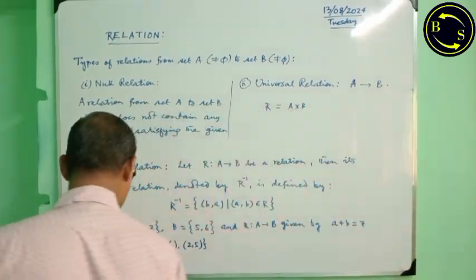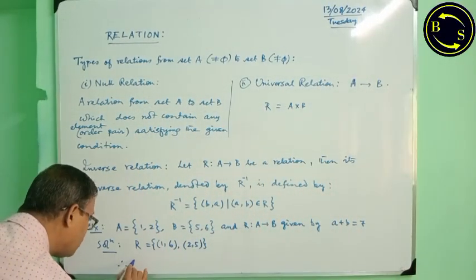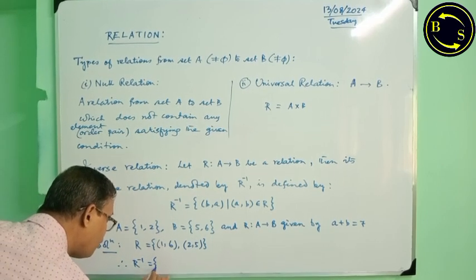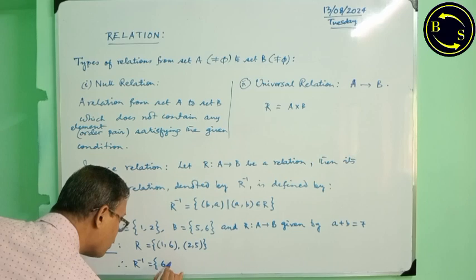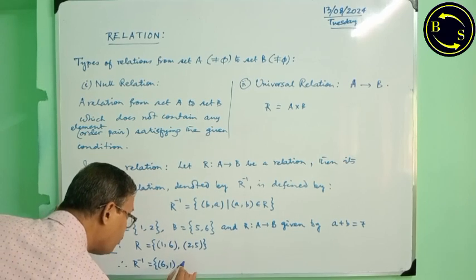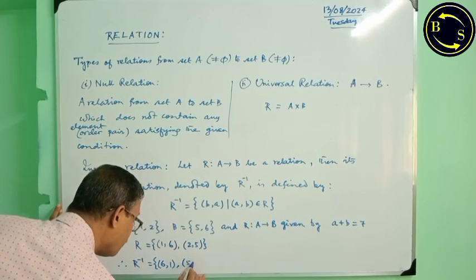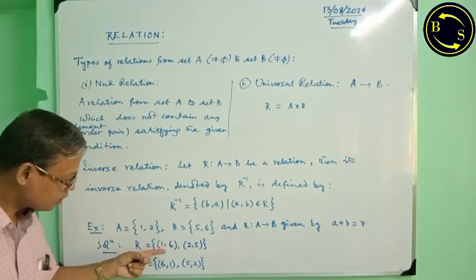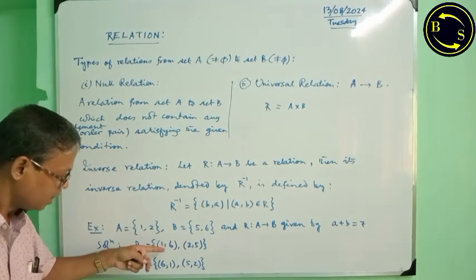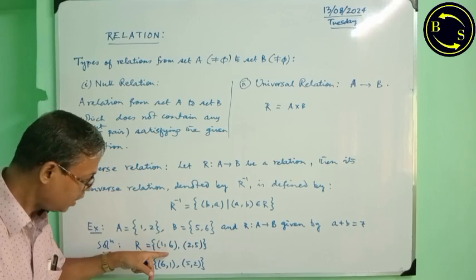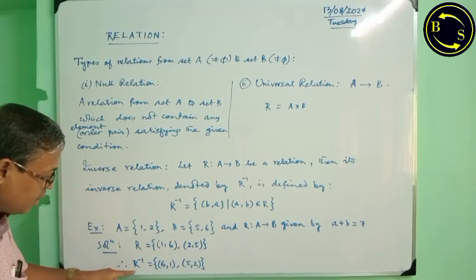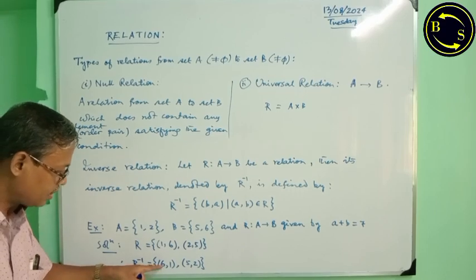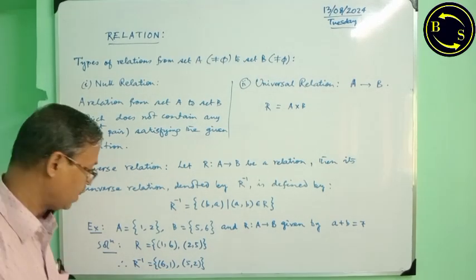Therefore its inverse will be, just we reversed the components of each of the ordered pairs and get the inverse relation, R inverse is equal to the ordered pairs (6, 1) and (5, 2).